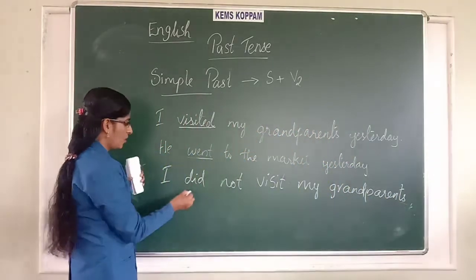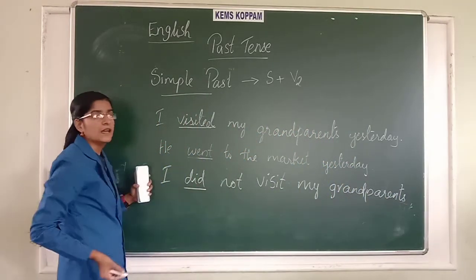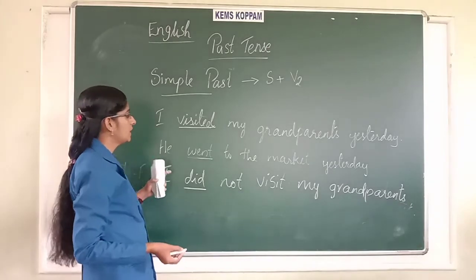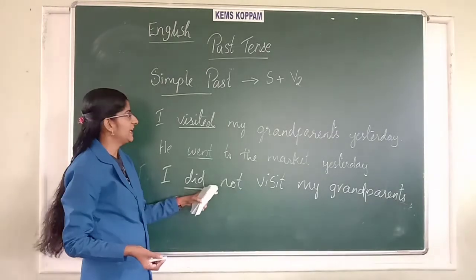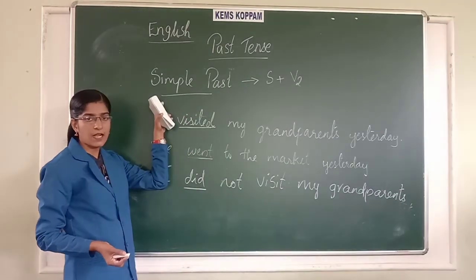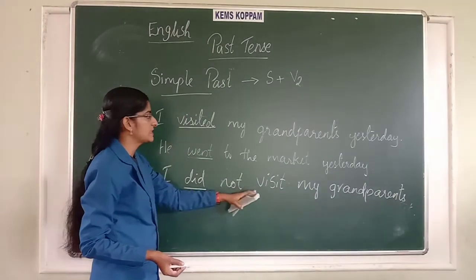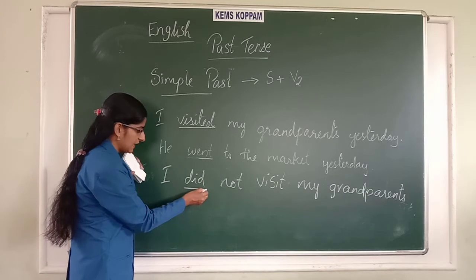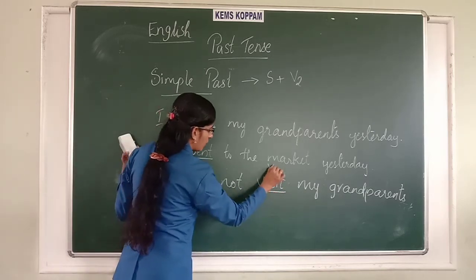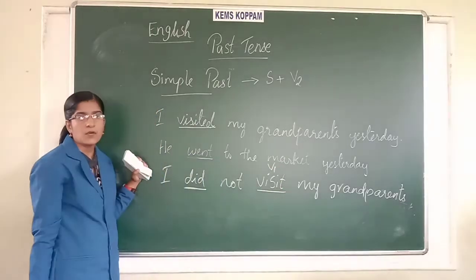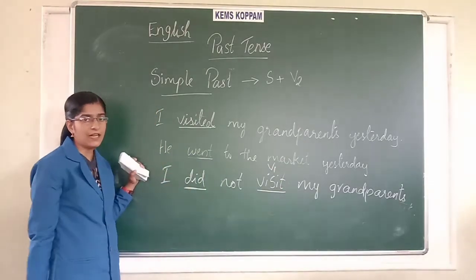Clear? So did is the auxiliary verb you have to use when you write the negative sentence in simple past. If you are writing did, here you have to write the V1 form of the verb, the first form of the verb.